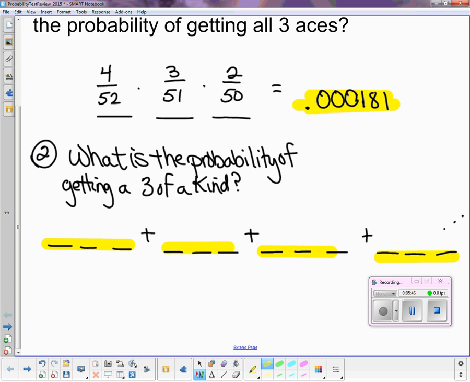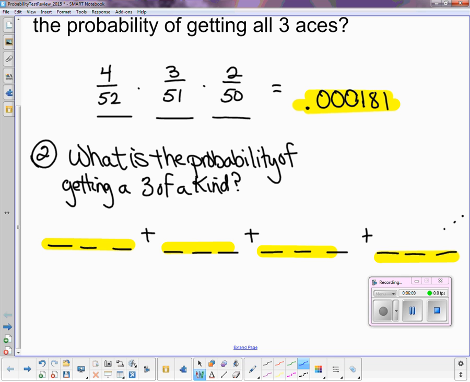But how do I take this probability I found with aces and now apply it to any 3 of a kind? Where does that 13 come in is my question. Exactly, Josh. Okay? I have 13 groups. I could have 3 2s or 3 aces or 3 5s or 3 6s.